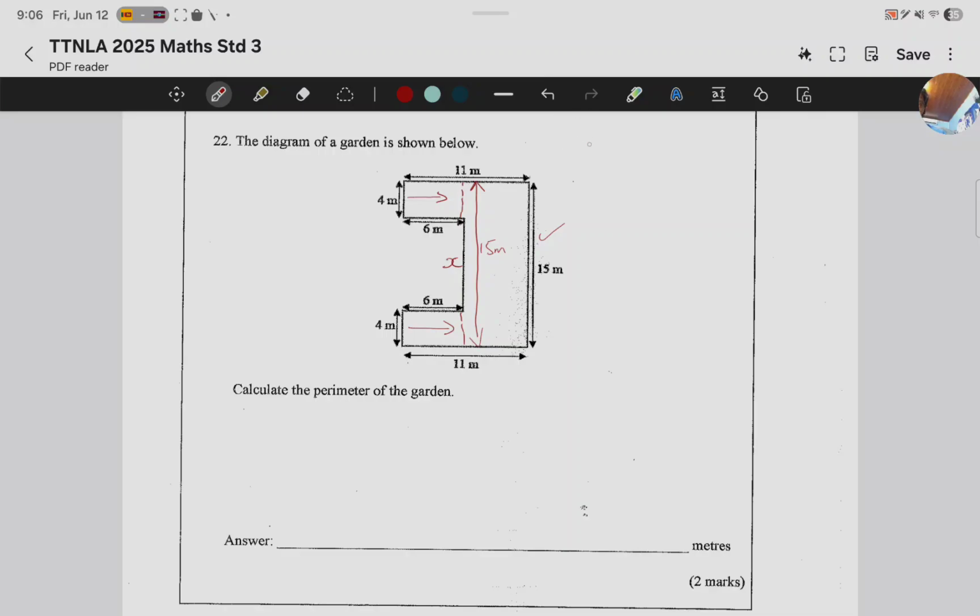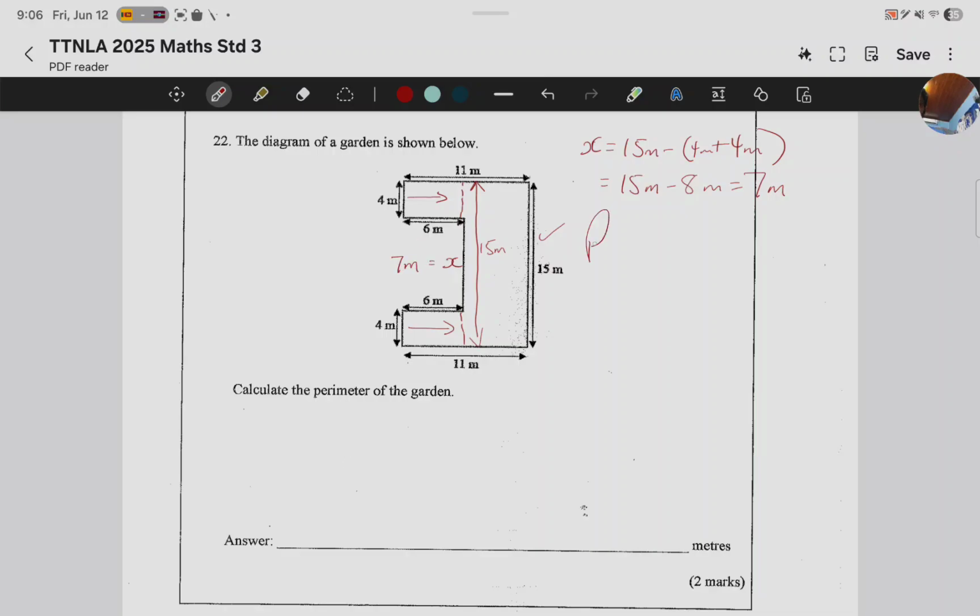So to calculate for the unknown side, which I called x, it will be the total length 15, take away the sum of these here, because this little piece here would be 4, and this little piece here is 4. So that's 15, take away 4 meters, add 4 meters, which will be 8 meters. So 15 meters, take away 8 meters, and that will give us 7 meters. So the unknown side here is 7 meters.